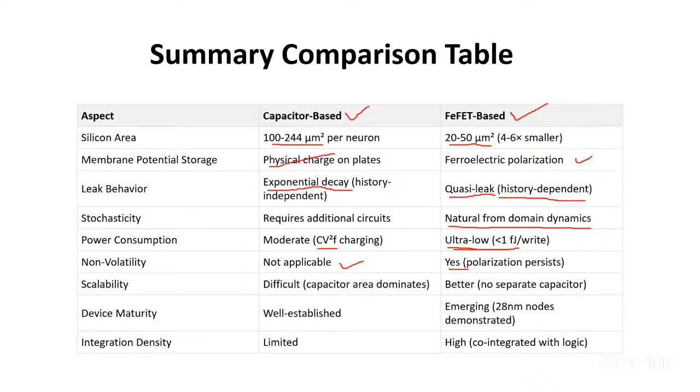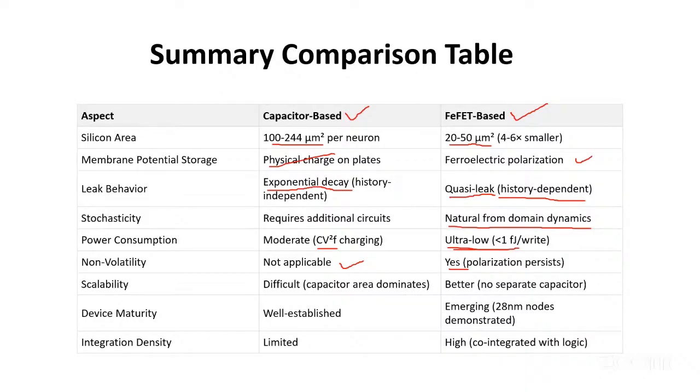It is difficult to scale a capacitor because the capacitor area is the dominating factor in this type of neuron, and it requires a lot of area. FEFET based is better because no external capacitor is needed, and we can use the hafnium oxide based gate stack to mimic the capacitor itself. But it is also a ferroelectric capacitor, so it gives further advantages.